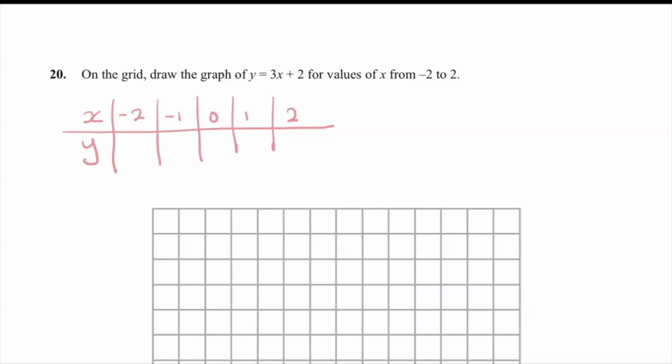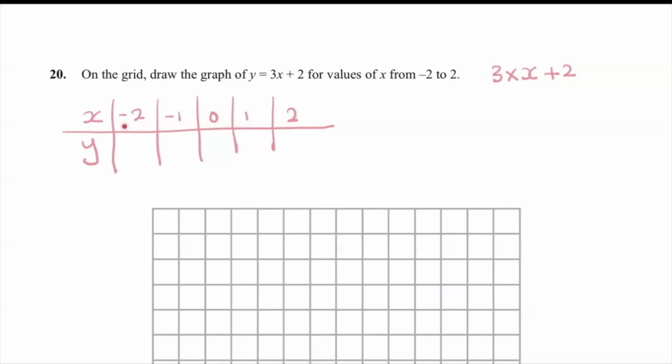Now, to find my y values, my y will equal this. So this is 3 times x. They are squashed. So it's 3 times x plus 2. I'm just showing that times sign at this stage so that I can see clearly the maths. Now I've got all these x values to work out.